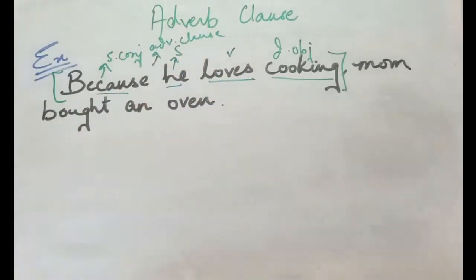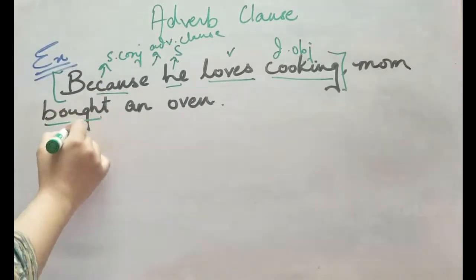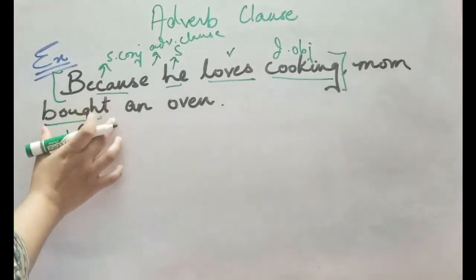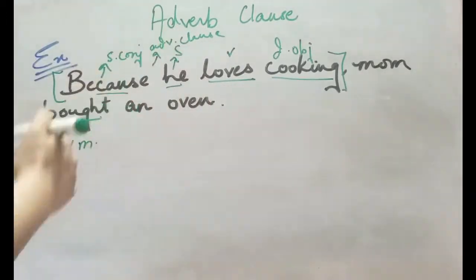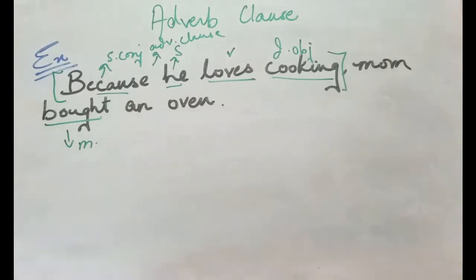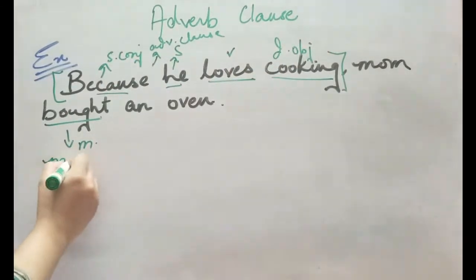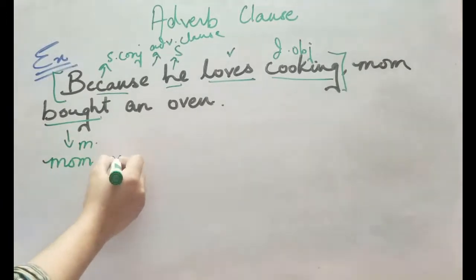So, Mom bought an oven. Now what is it modifying? It is modifying the verb bought. This thing modifies the verb, that is bought, because Mom and oven, they are nouns, right?